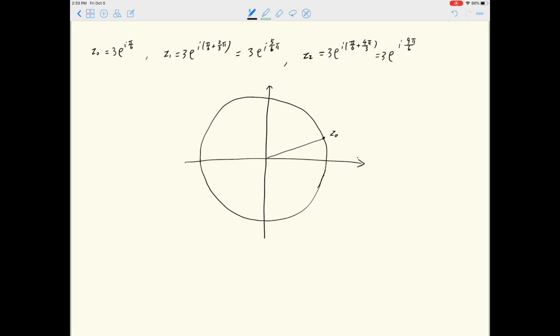The second one has 5 pi over 6, so it's about here, z1. And the last one, 9 pi over 6, which is the same as 3 pi over 2, so it's here. You can see that these 3 roots form an equipartition of the circle. And this circle has radius 3.